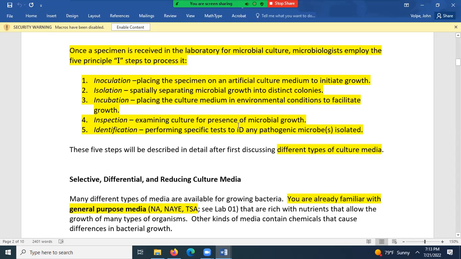You can also do some other characteristics, but you usually can't identify it just by looking at the culture. You then begin the identification, and here you perform specific tests to identify the pathogenic microbe that's been isolated. Okay, the 5 steps will be discussed, but first we have to discuss different types of culture media.